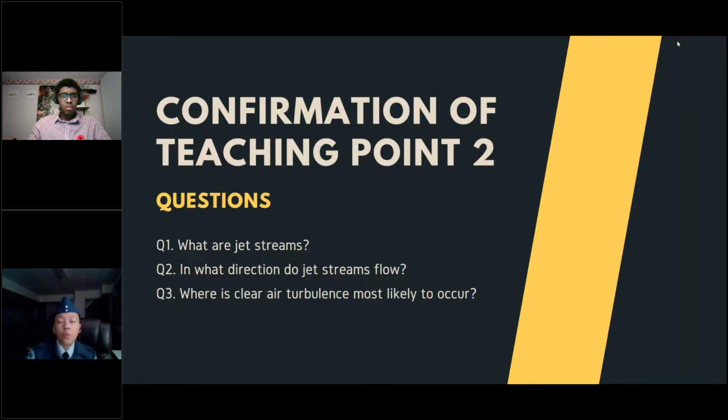Number 2, in what direction do jet streams flow? Yes, awesome, Sergeant E. They flow from west to east. Awesome job. And last question, where is clear air turbulence most likely to occur?